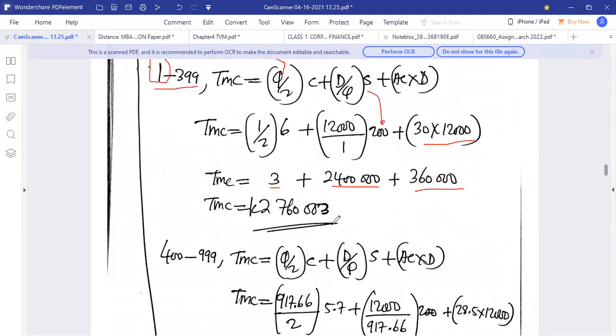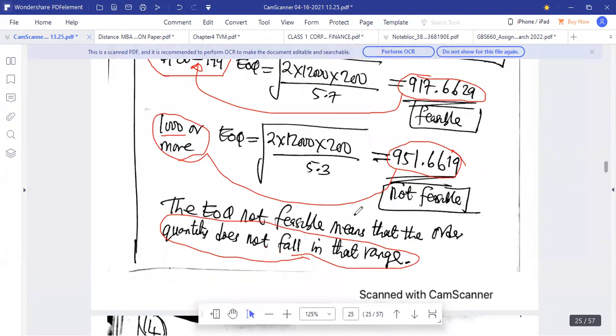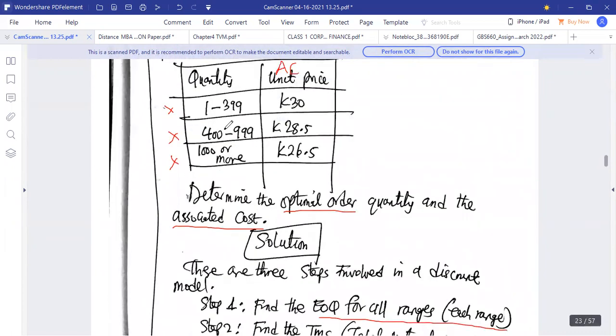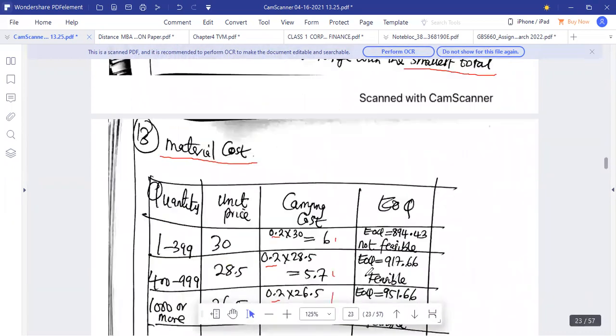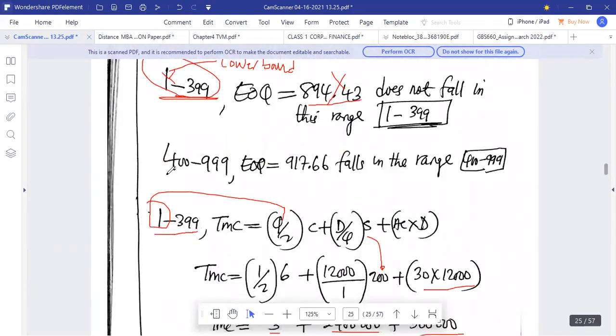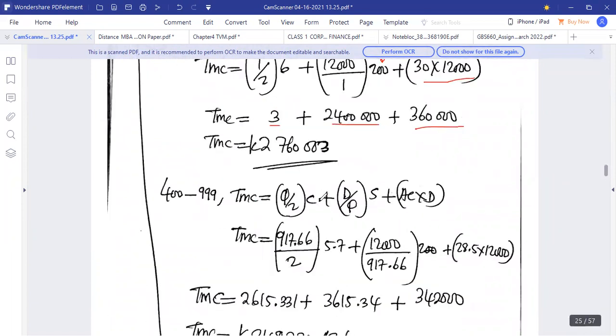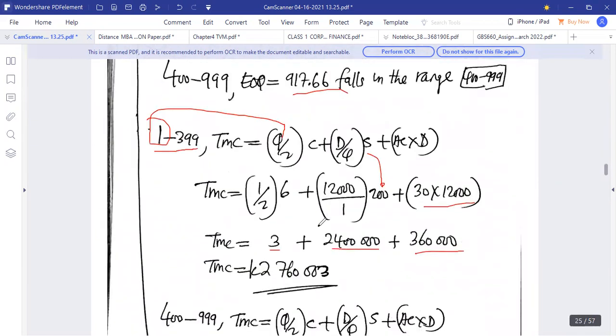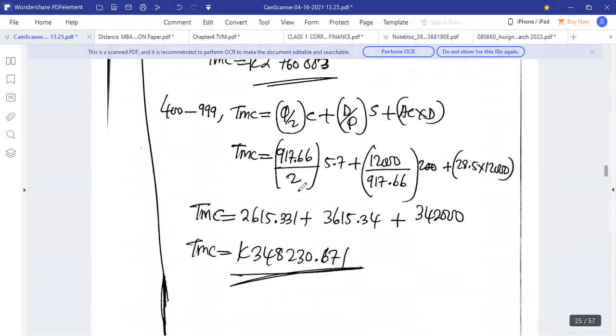You go to the second range because we are finding the total material cost for each range. We're looking at each range, and there are 3 ranges here, 1, 2, 3. So we get to the other one, which is this one. This one falls in the range, so we are going to pick it because it's feasible. So as we come here, we put 917.66, which is okay because it's falling within the range. And then the 2 is there.